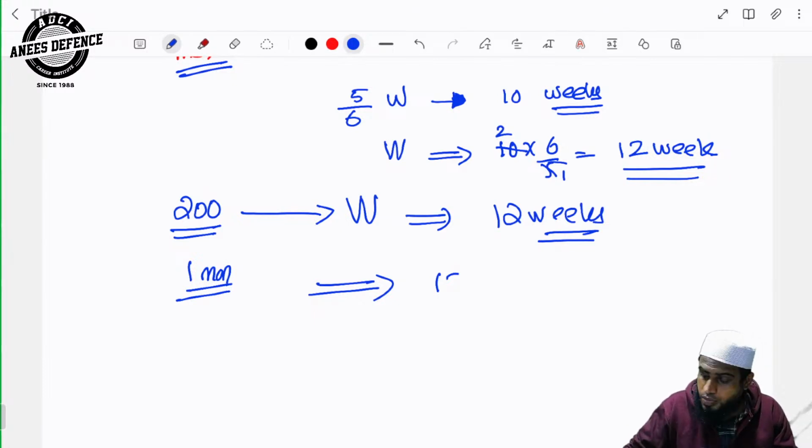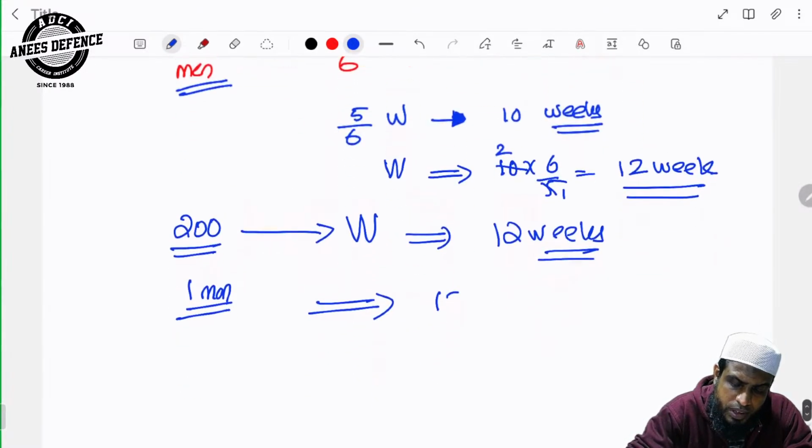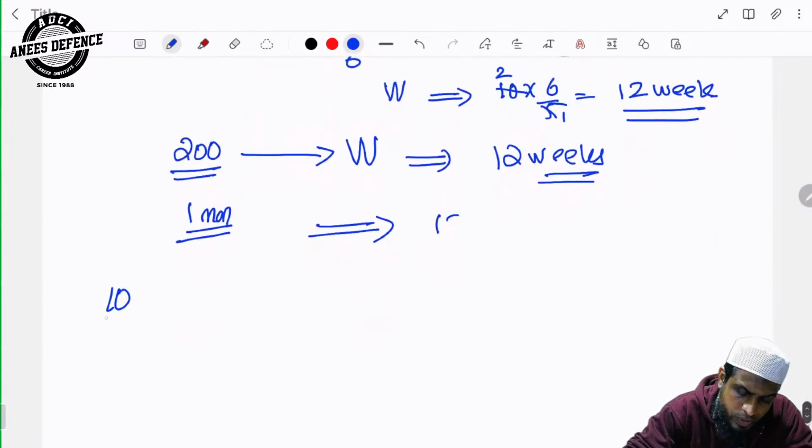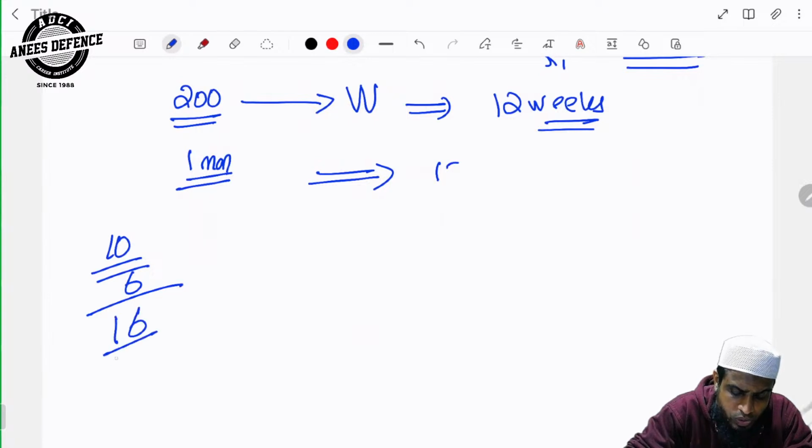So 5/6 of the work is done, and we will consider 5/6 of the work already done. That took 10 weeks. Due to COVID, the work is stopped for 6 weeks. So it is already 16 weeks over.